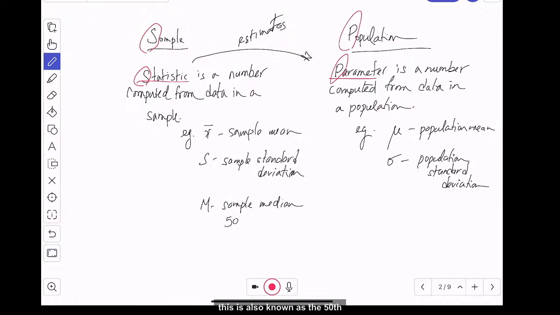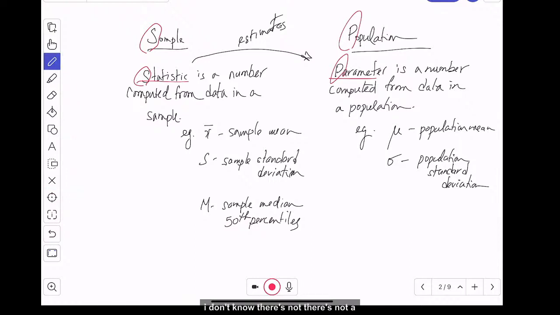This is also known as the 50th percentile, and we'll talk about percentiles. It's the middle observation if you order data. So the sample median should estimate the population median.